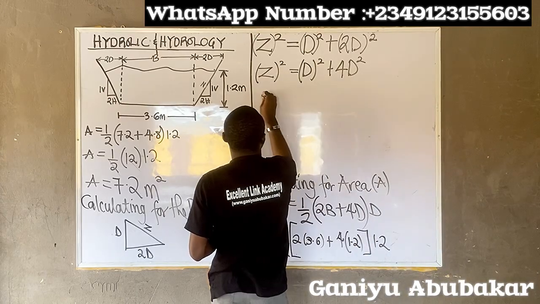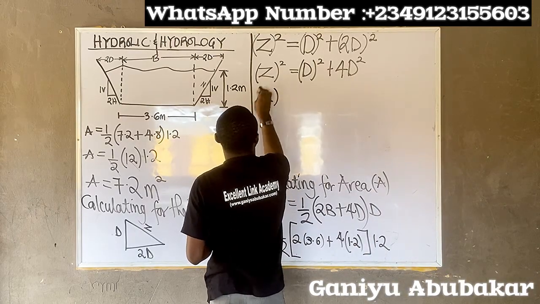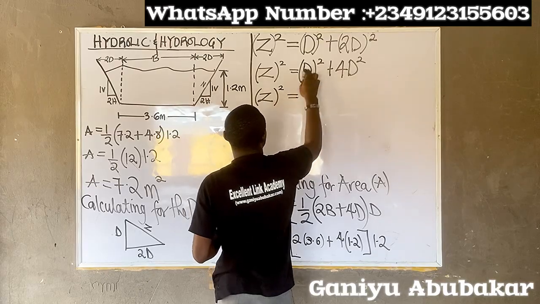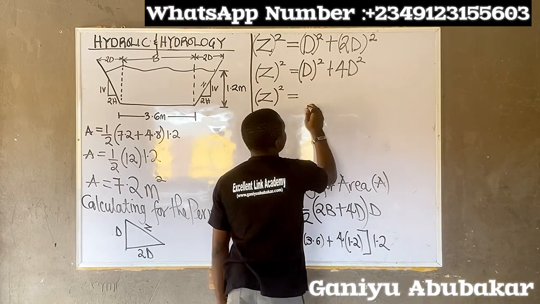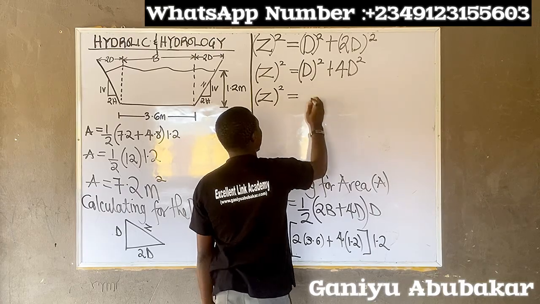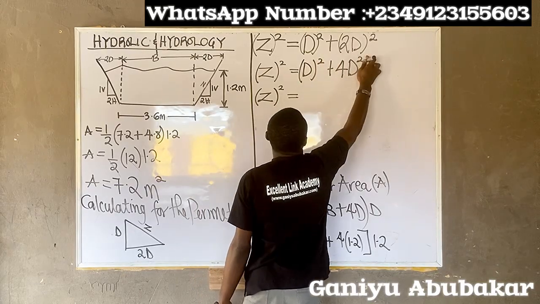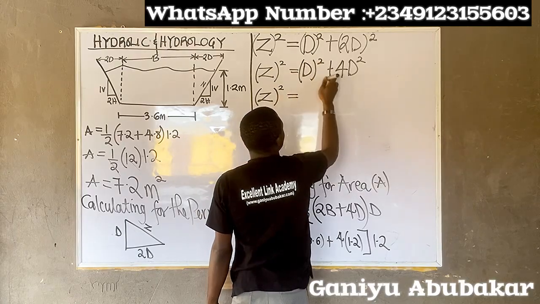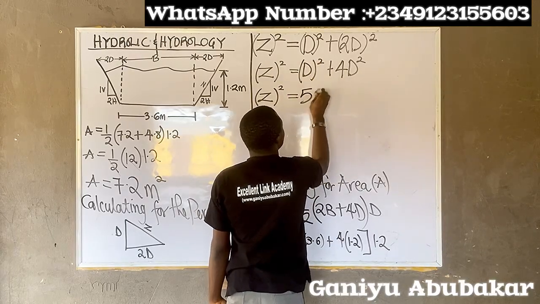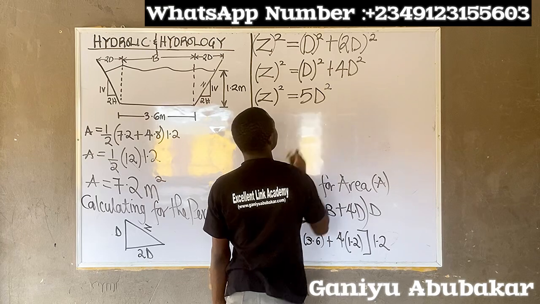Work on this one here. This gives Z square is equal to D. Of course, D is 1.2, my depth there. From here I have D square plus 4D square. The number in front of the first is 1, so D square plus 4D square gives you 5D square, right?